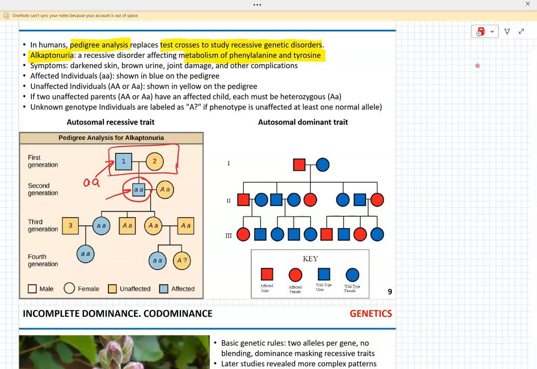So we can conclude, since the offspring has the homozygous recessive phenotype, the only way it can happen is if the parent has a heterozygous genotype.